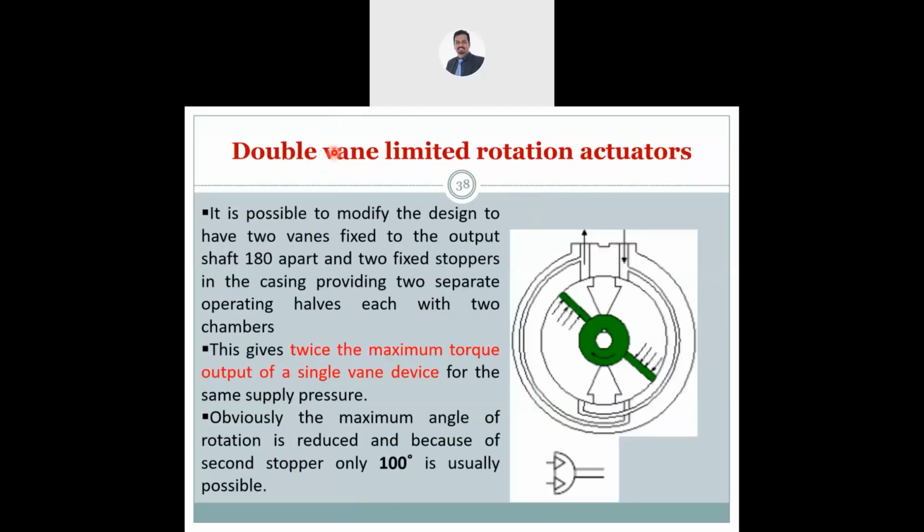And you have a double vane. You can see there are two. And you have two stoppers. So meaning you have four spaces. Here one, here one, here, and also here. Okay, so you can see the air is entering here. So air enters here and it will go here and enter here.